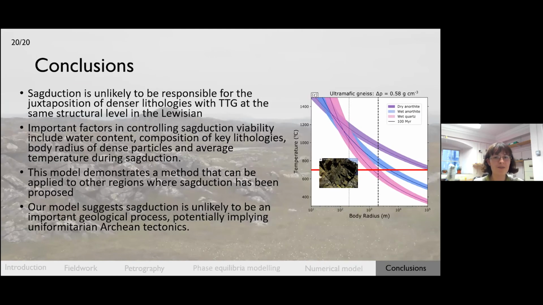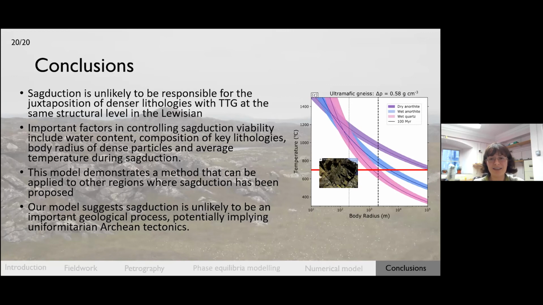So overall, we can conclude that sagduction is unlikely to be responsible for the juxtaposition of rocks with differing densities we see today in the Archean in Scotland. And our modelling has highlighted a number of factors that are important in controlling sagduction viability. The results figures we produce here can be widely applied to other lower crustal Archean terrains with similar lithologies and density contrasts.